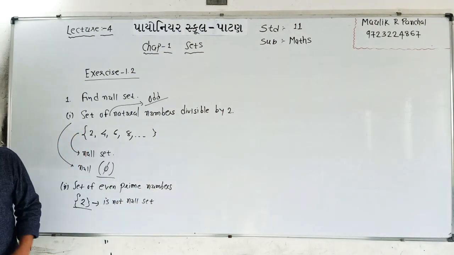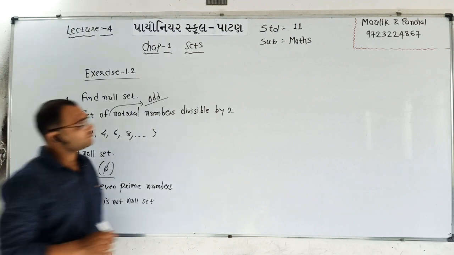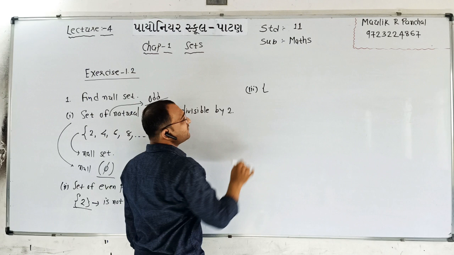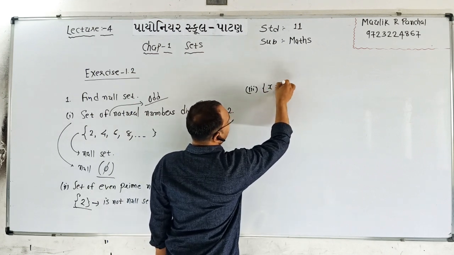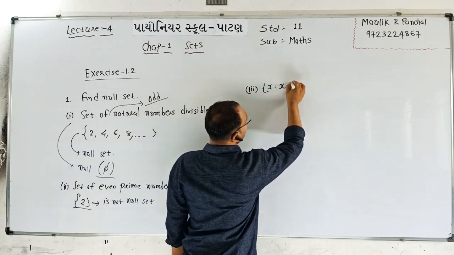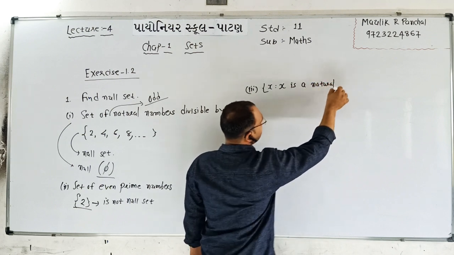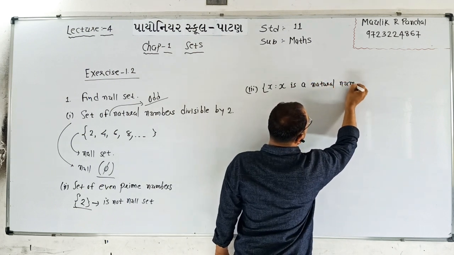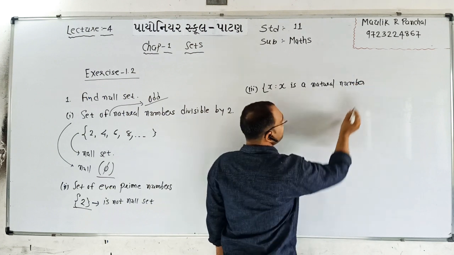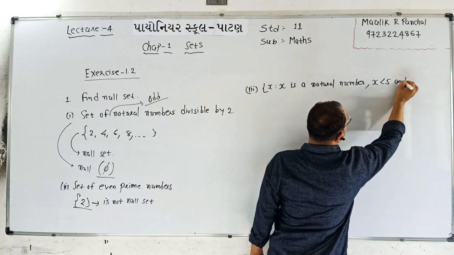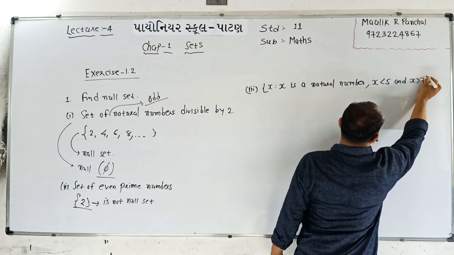Third question, in set builder form: x such that x is a natural number such that x less than 5 and x greater than 7.